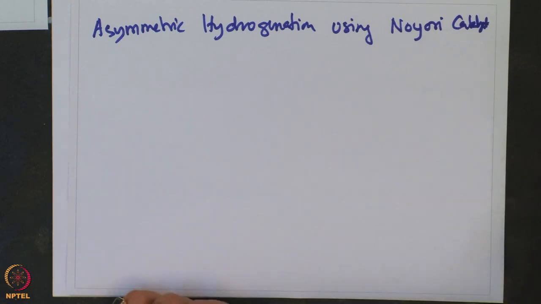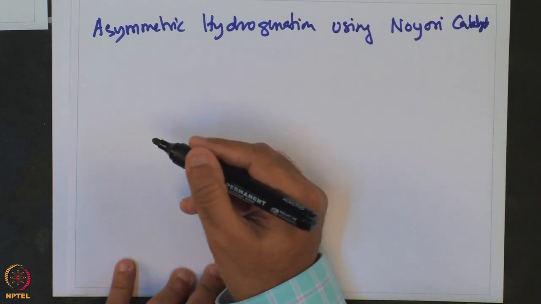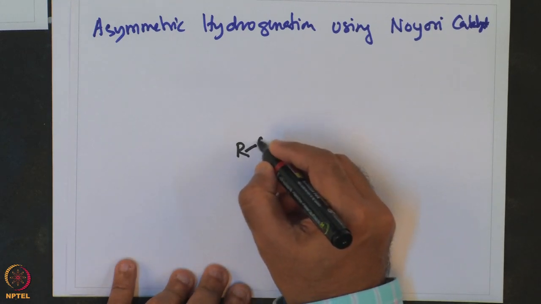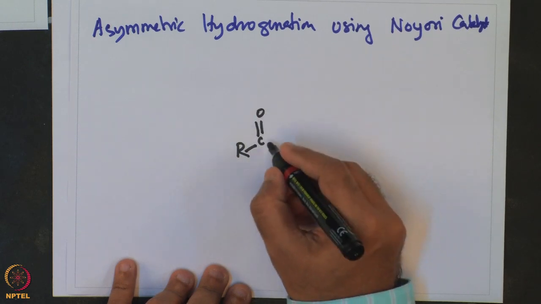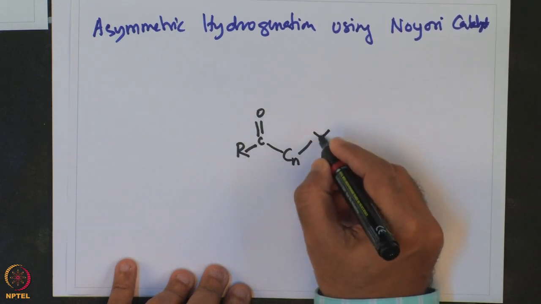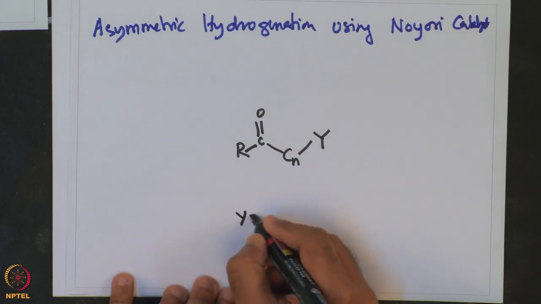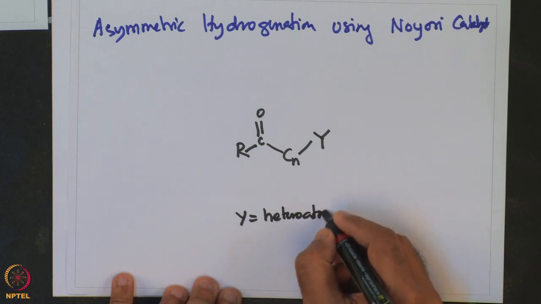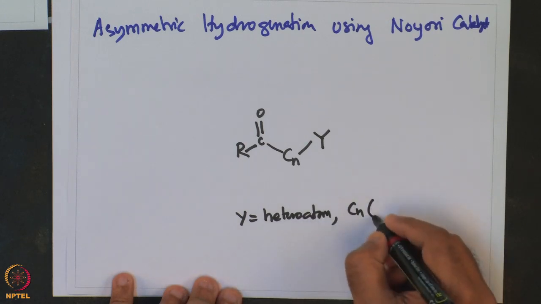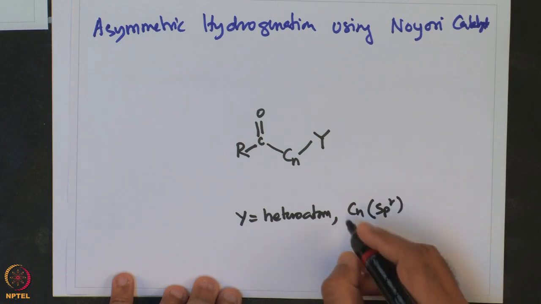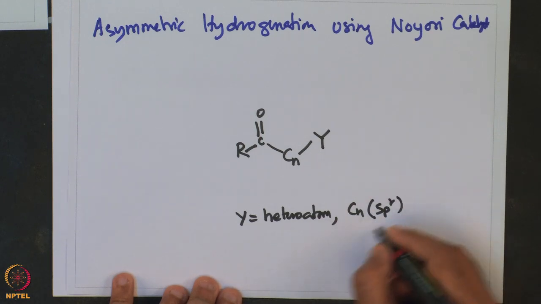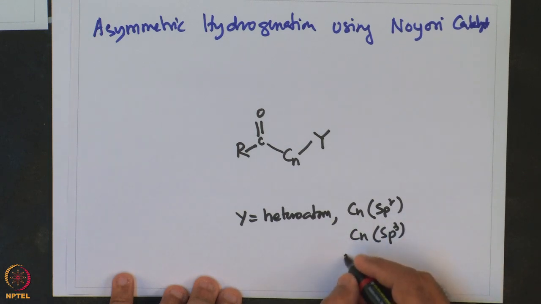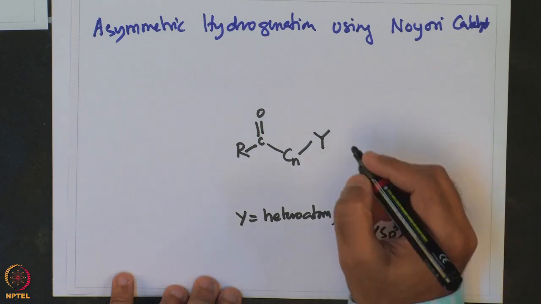So, if, and this is illustrated as R C O C N Y, where Y equals heteroatom, C n can be sp2 or sp3 carbon centers, N can be 1, 2, 3.